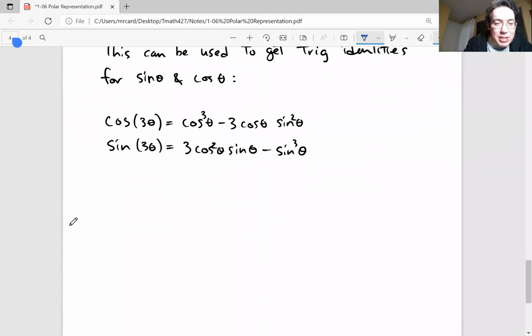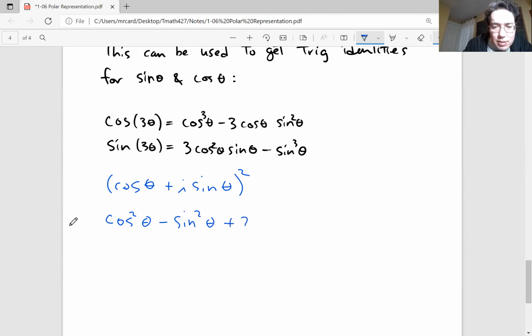On the left-hand side, we could square the usual Euler's formula, and I'll get cosine squared minus sine squared plus 2i cosine sine.